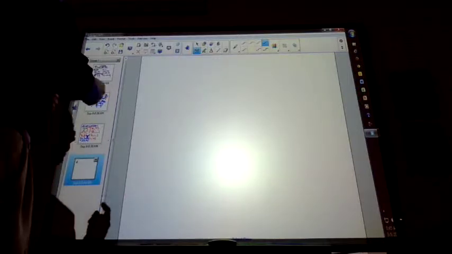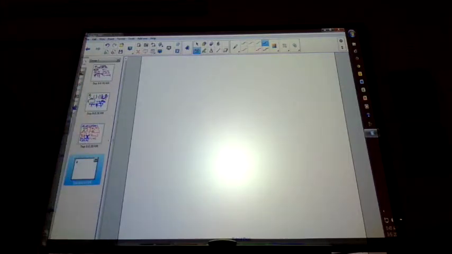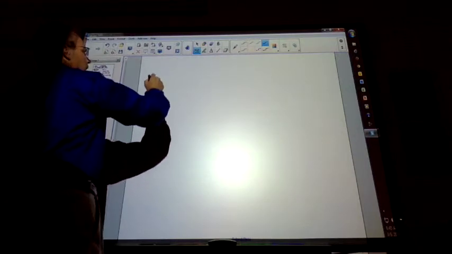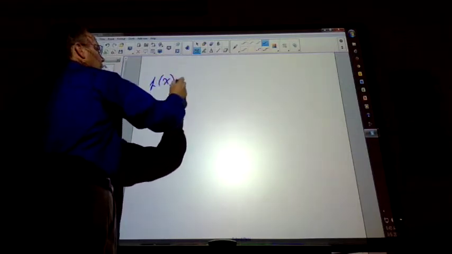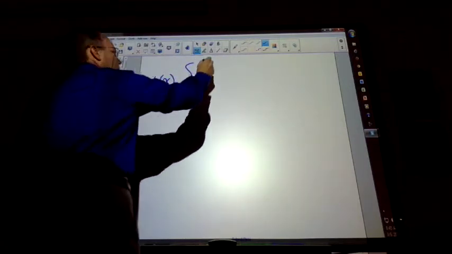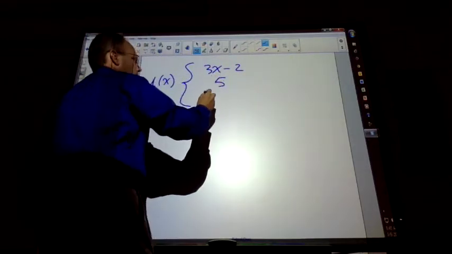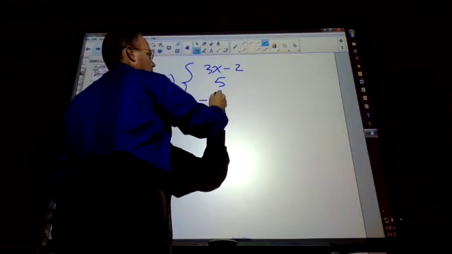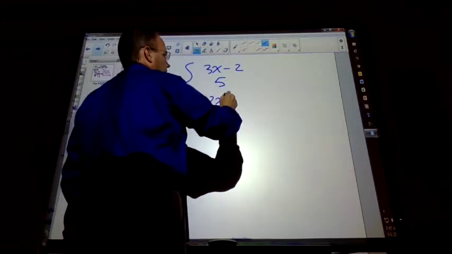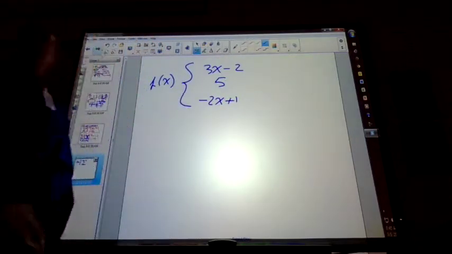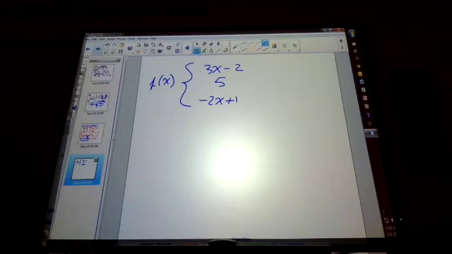Okay, so for a piecewise function, first thing they do is they make it look fancy by putting some of these brackets. They'll have 3x minus 2, and then 5 here, and then maybe negative 2x plus 1. Seem okay so far?